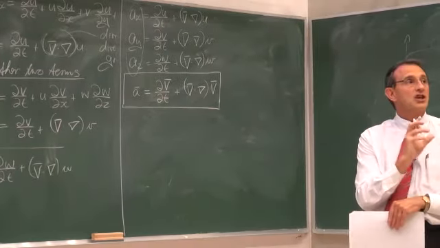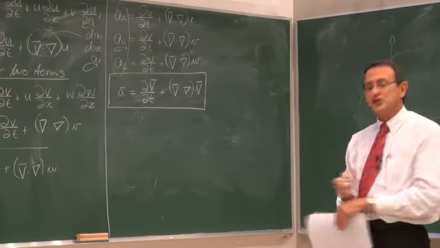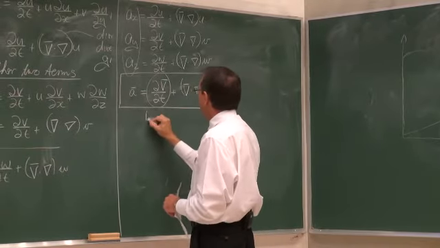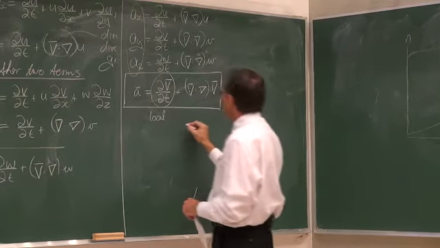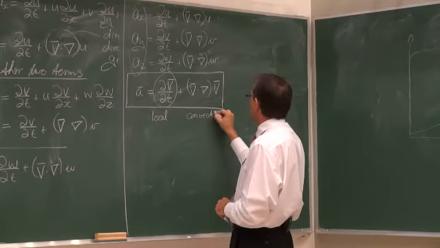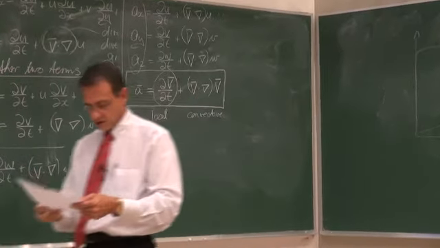The acceleration has two terms: one is called the local acceleration, and the other is called the convective acceleration.